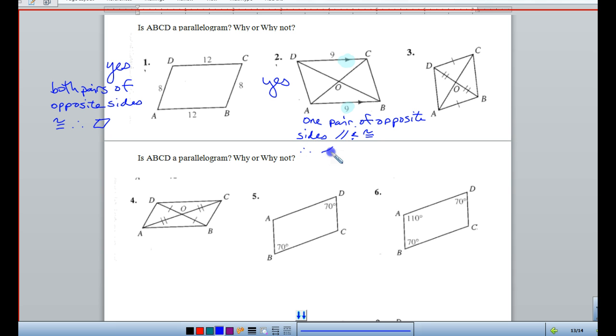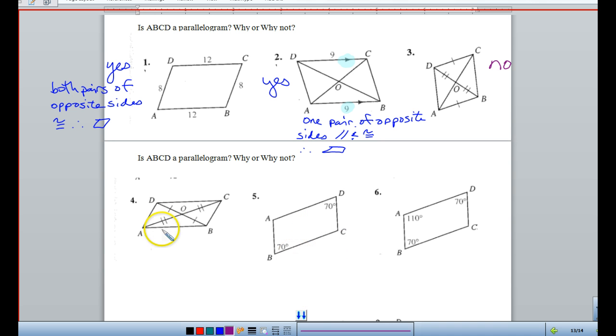Therefore, it's a parallelogram. Alright, the third one. I've got one diagonal that's bisected and one pair of opposite sides that are congruent. That's not enough information, so I'm going to have to say no.